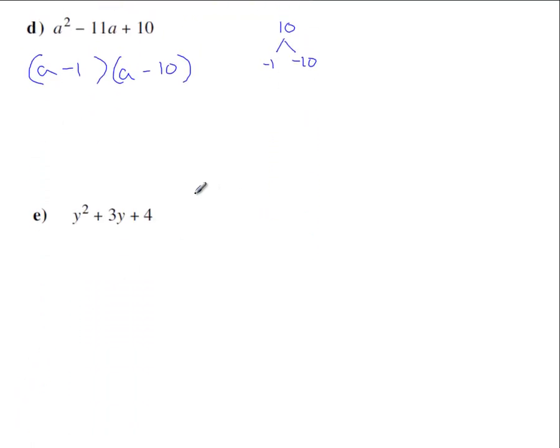E. No coefficient in front of the y squared. So we have y as the first thing in each bracket. We want to find two numbers that multiply to get positive 4 and add to get positive 3. So they'll both be positive numbers.